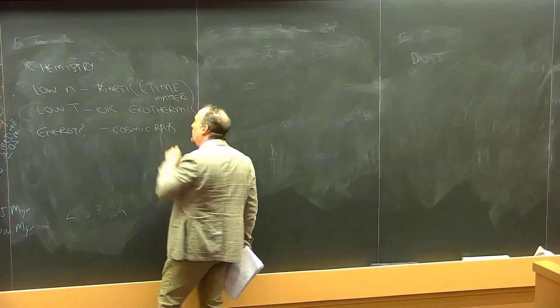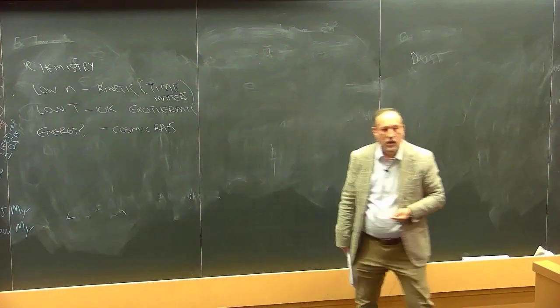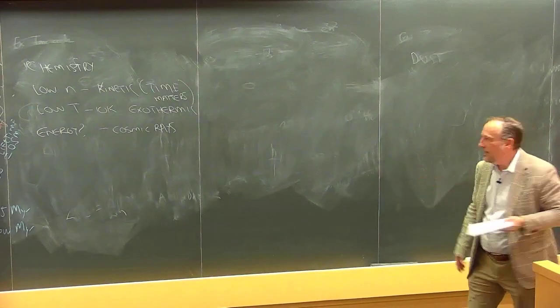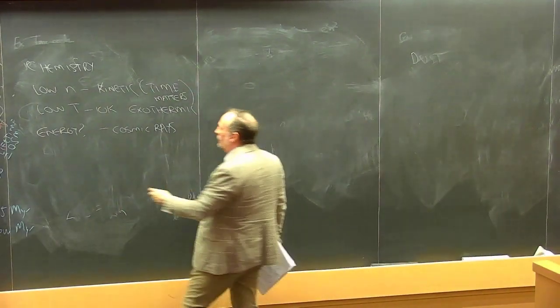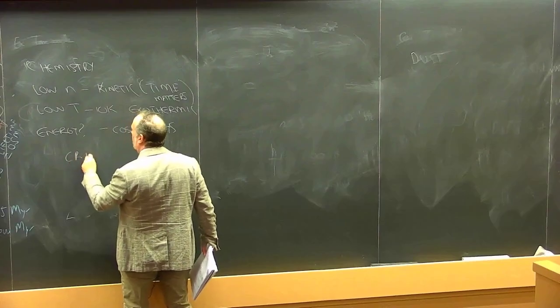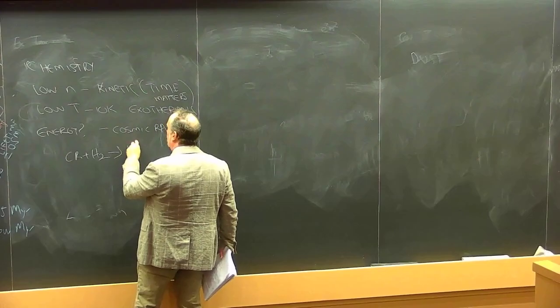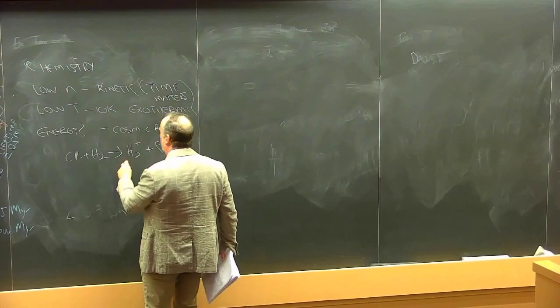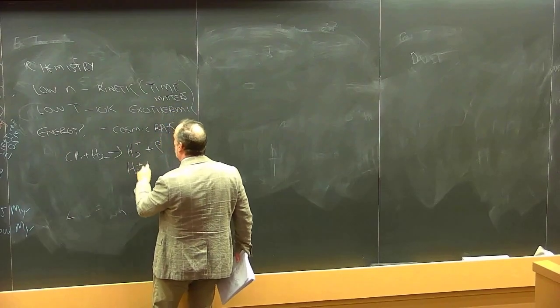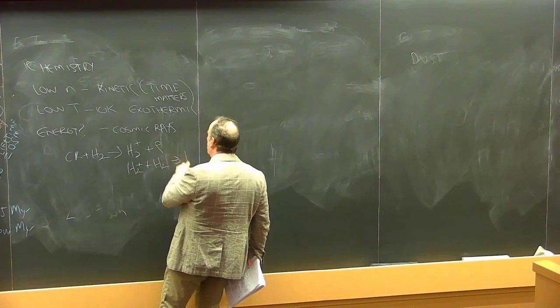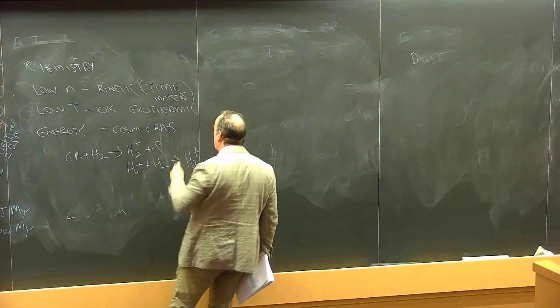So cosmic rays are energetic particles coming from supernova. They pervade the galaxy. The low energy regime of that spectrum will ionize H2. It makes H2 plus an electron. That H2 plus will immediately find an H2, make this molecule H3 plus, and it stops there.